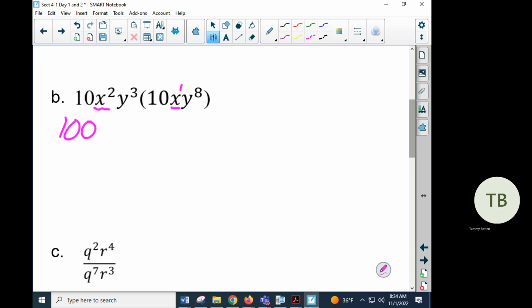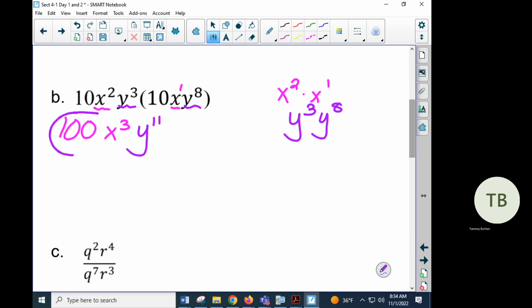If you have x squared times x to the first, do you add or do you multiply? Add. So that would be x to the third. And then we have y to the third times y to the eighth. And again, we have 2 bases, so we add those. So it'd be y to the 11th.